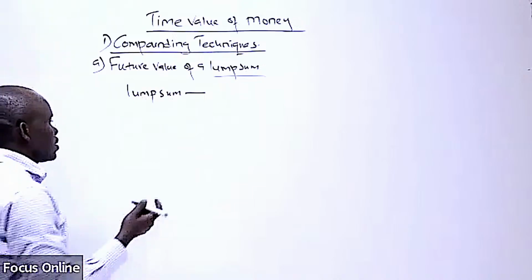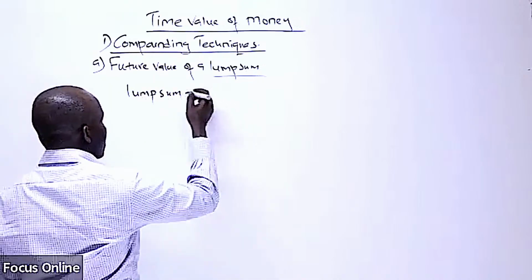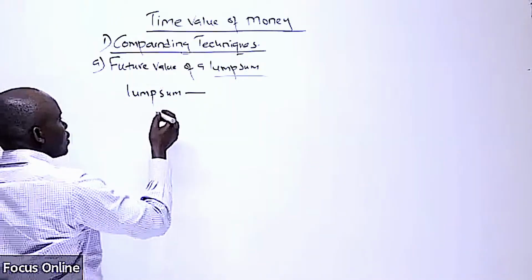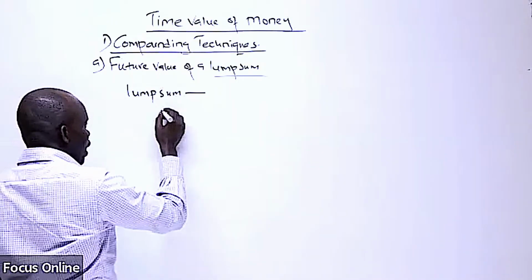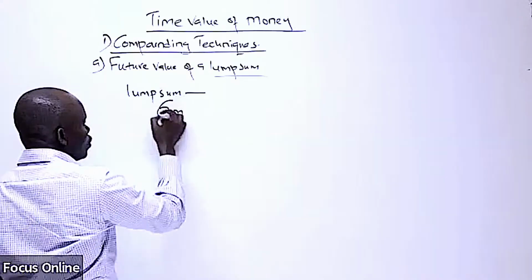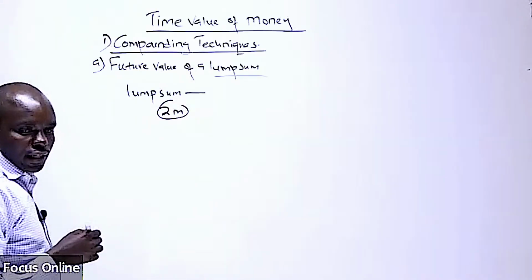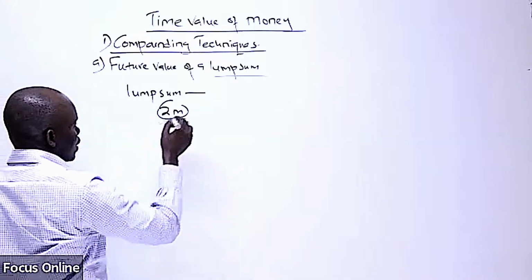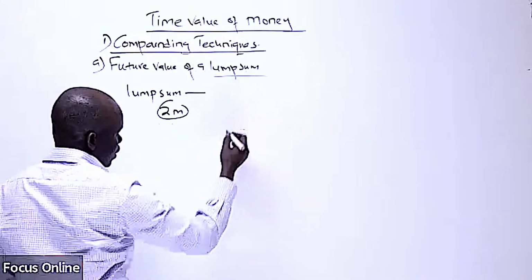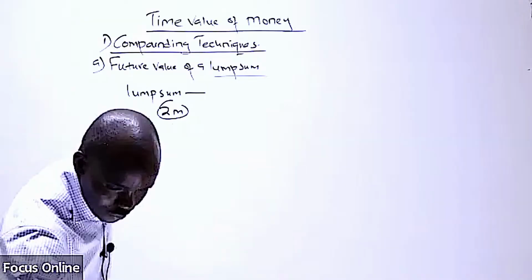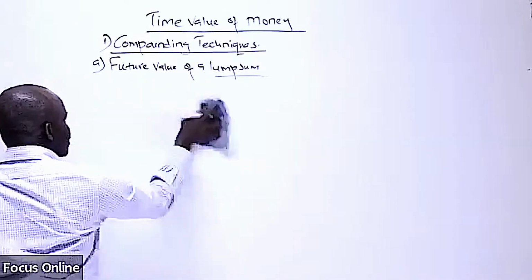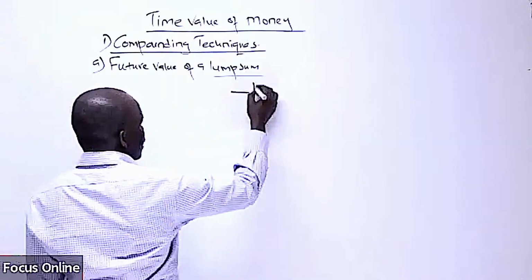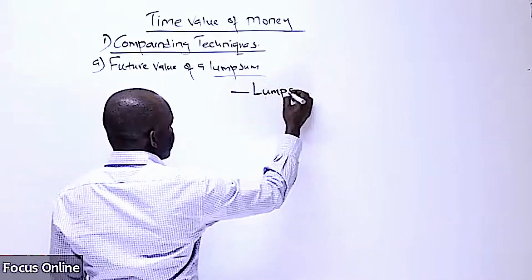For example, if you pay or receive 2 million shillings today, that is a lump sum. Let me show you. Let's first understand: we have two things here, a lump sum.